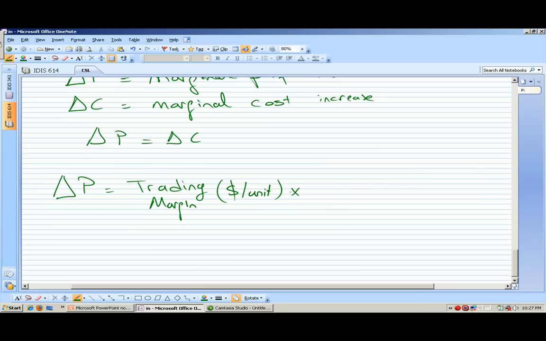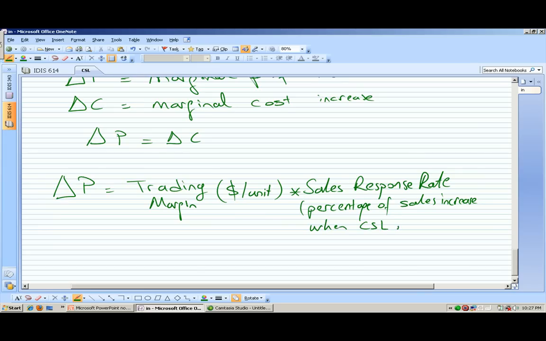This is multiplied by the sales response rate, which is basically the percentage of sales increase when customer service level is increased by 1%.